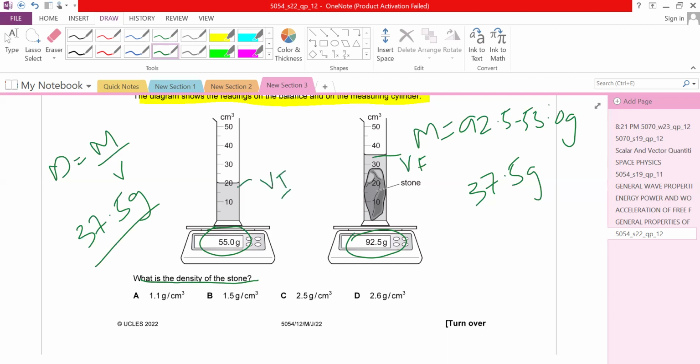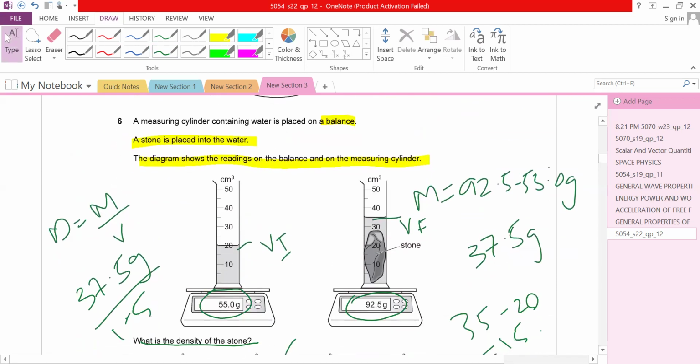Initial volume is 20 and final volume is 35. 35 minus 20 is 15. Now you have to divide 37.5 divided by 15, it would be 2.5. So option C is correct. The density of the stone is 2.5.